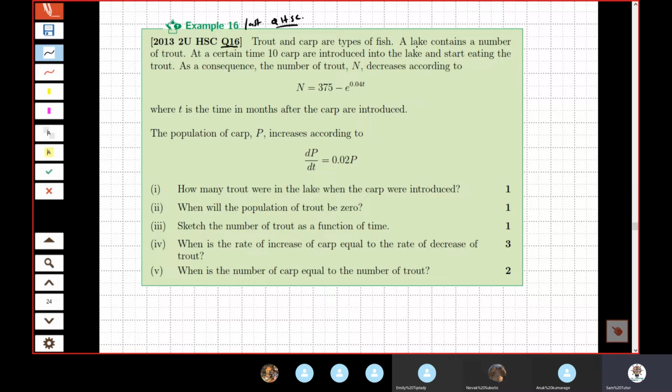Trout and carp are types of fish. A lake contains a number of trout. At a certain time, 10 carp are introduced into the lake and start eating the trout.